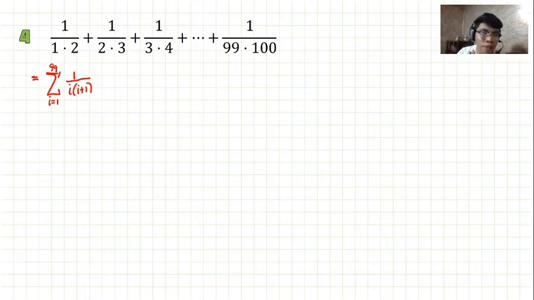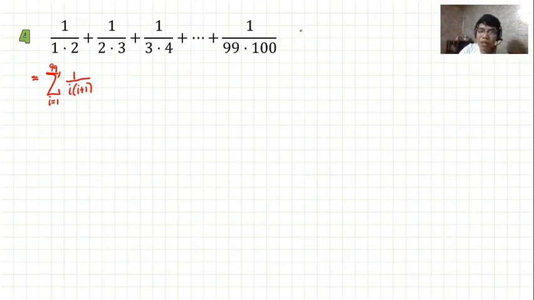Now, from our properties, we don't have a property for division, right? We don't have a property for the summation of division. So therefore, we need to do something here so that we can apply another property. Now, take note that the telescoping sum involves i plus 1 and i. And we see here that we have i and we have i plus 1.